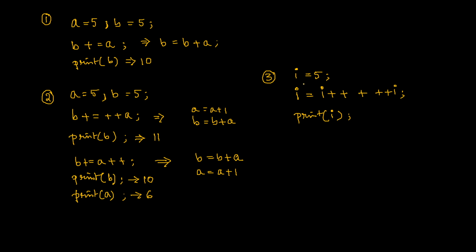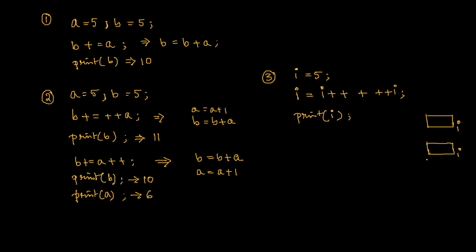But here one problem is there, that both operands are the same. The post-increment and pre-increment are associated with the same operand i. If they are the same operand, definitely they are the same memory location. It's not possible to have two different memory locations with the same name.